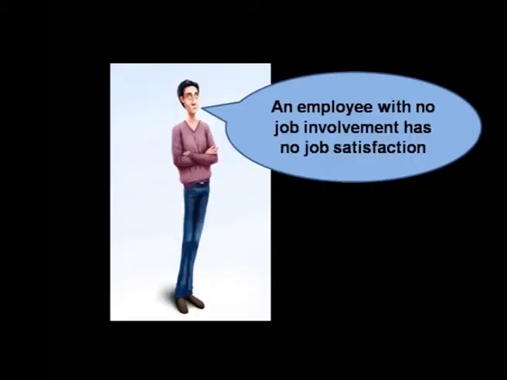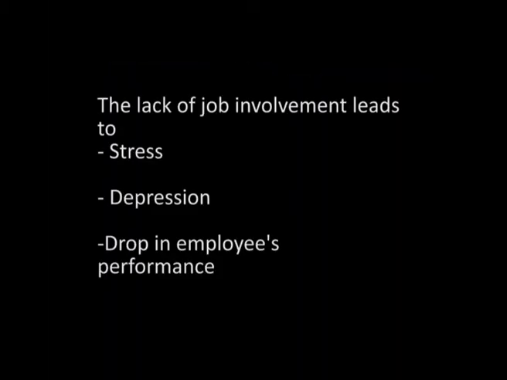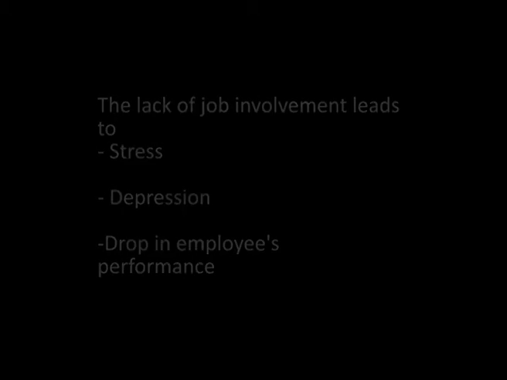If the employees of an organization lack job involvement, the business of the organization is sure to go down in the course of time. Moreover, when an employee does not have involvement in his or her work, the level of his job satisfaction also drops. This may lead to stress and cycles of depression, further leading to a drop in the employee's performance.